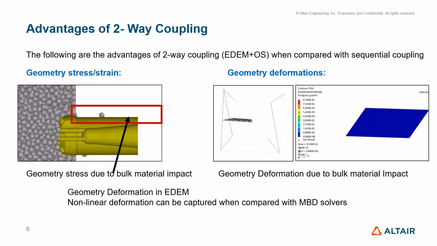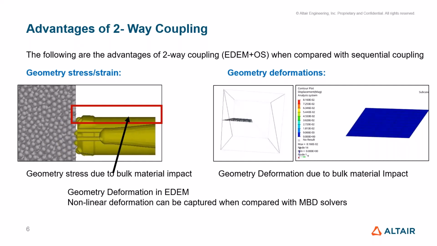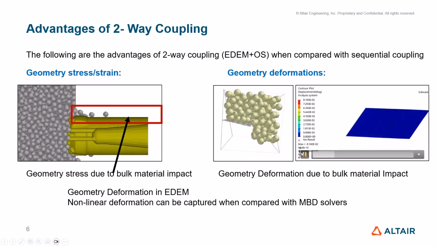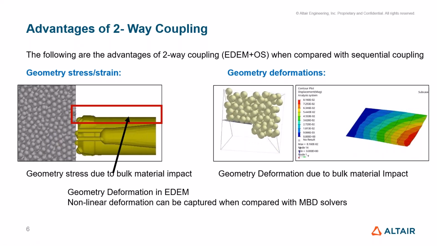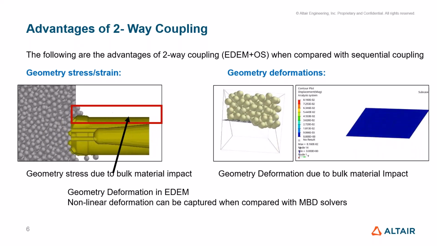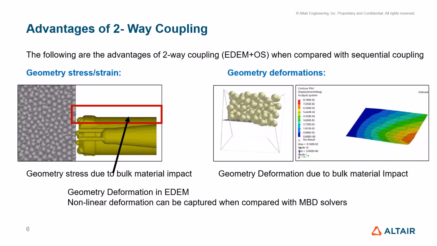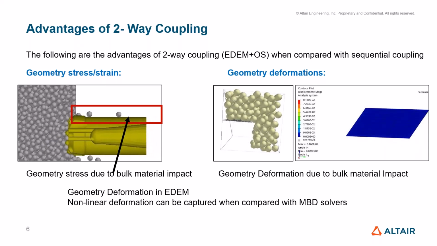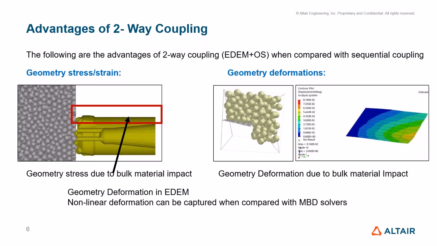So the primary advantage is simulating stress and strain as a continuous time-dependent medium. The second advantage is that we can get geometric deformations, which you can compare even with multi-body dynamics solvers, most of which are linear in nature, where large deformations cannot be simulated.